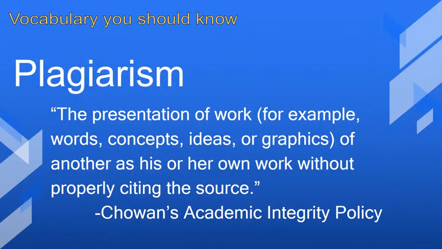Chowan University's academic integrity policy lists plagiarism as a type of cheating. The policy defines plagiarism as the presentation of work, for example, words, concepts, ideas, or graphics, of another as his or her own work without properly citing the source.